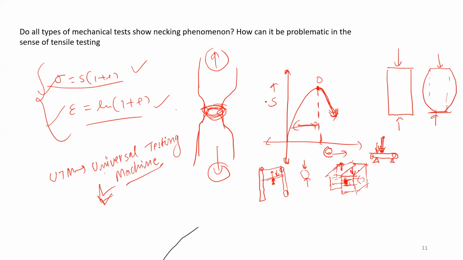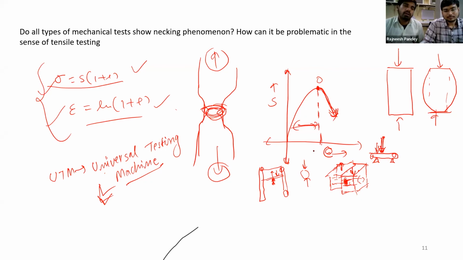In the machine, as we have discussed, if we are using a UTM, then we only get elongation and force. On the basis of that, you calculate with some kind of software. You are not directly going to get the strain and stresses from the system itself.